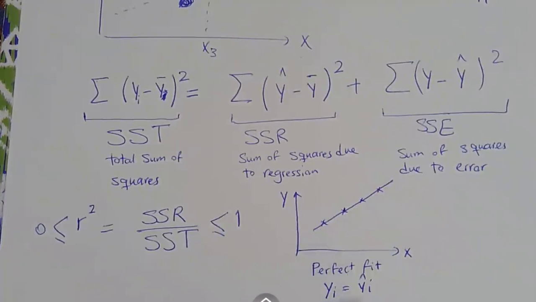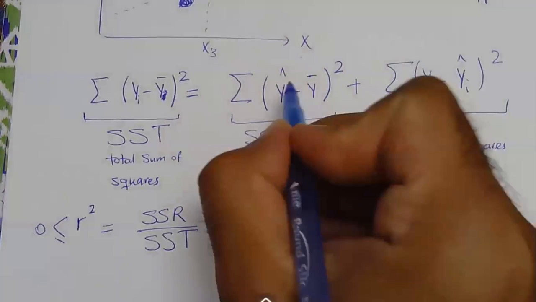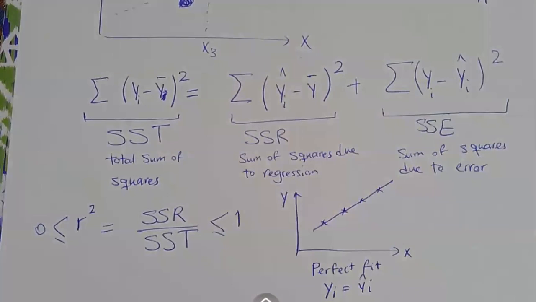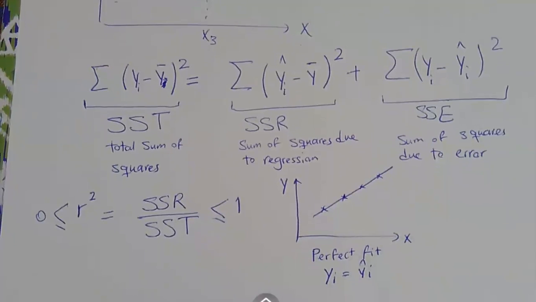So when yi is equal to y hat i, SSE becomes equal to 0.